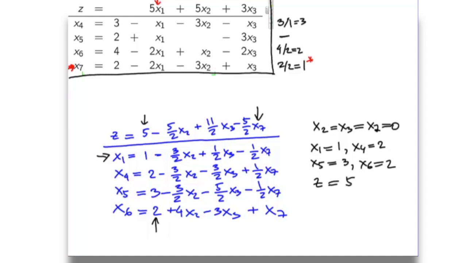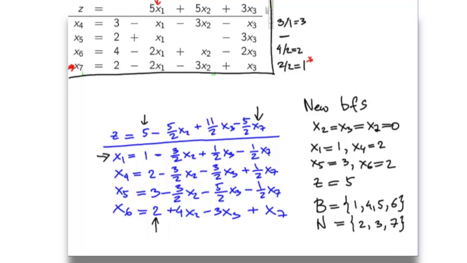Okay, so this is our new basic feasible solution. And of course, the list of basic variables, our basis, is given by first, fourth, fifth, and sixth variable, and then the non-basis is given by the second, the third, and the seventh variable. So we see that we made one step, which we call the pivot.